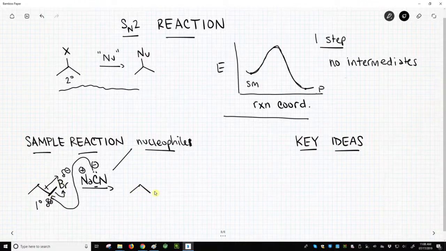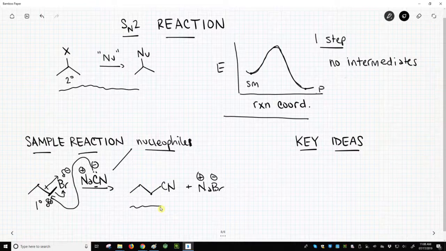So the halide has served as our leaving group. We now have the cyano group attached to this key carbon of our halide, and we get sodium bromide as our product, and that is also a salt. You can draw it as a neutral complex or put charges on it, whatever you want, but that will be waste. So here's what we get.